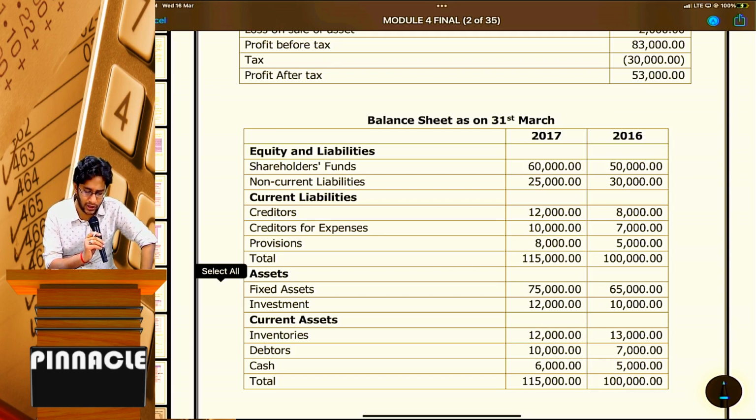Next, non-current liabilities. Long-term loans decreased, maybe you have paid something. Current liabilities, creditors for expenses, provisions. Fixed assets, investment. Fixed assets compared to last year have increased in the current year. Investment also has increased. Inventories decreased, debtors increased, cash increased by 1,000 total.